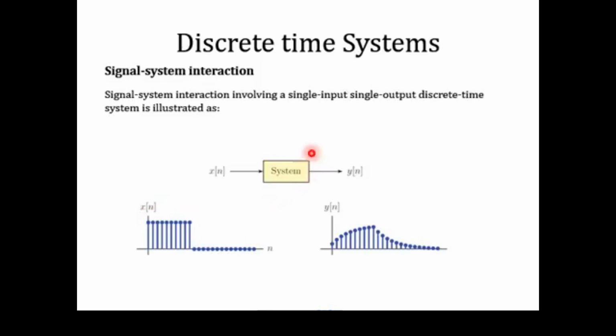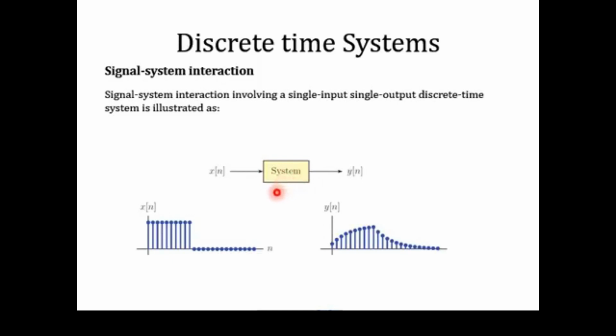Then that particular system will be called a post-processing system or offline processing system. In that particular case, we will start processing our signal after capturing all the sample values of our x of n. While in the real-time processing systems, we are taking the samples in real time and simultaneously we are processing those samples through our system. So that particular system will be called a real-time processing system.